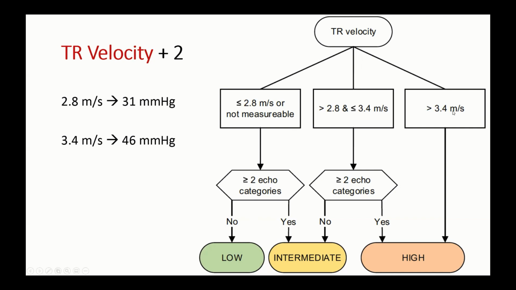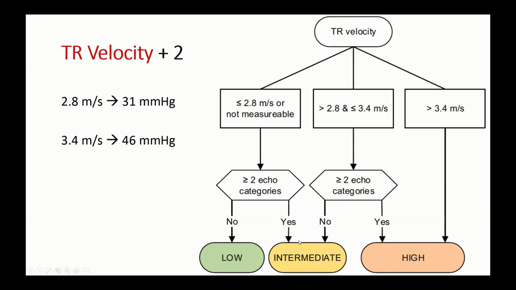If the flow is more than 3.4 meters per second, this will give you a gradient of 46. You're already in the high category. You don't have to have any other markers from echo. If you're in the gray zone between 2.8 and 3.4, then you again look at other echo markers. If you have 2 or more, you're in the high category.